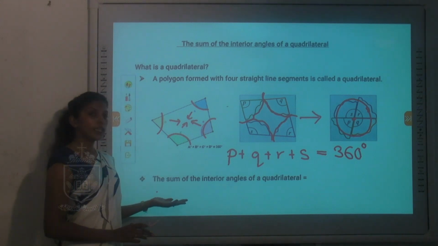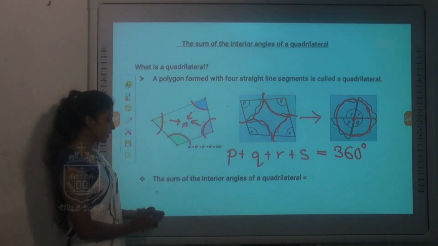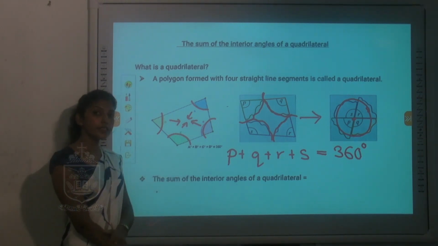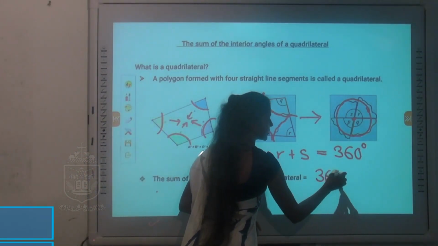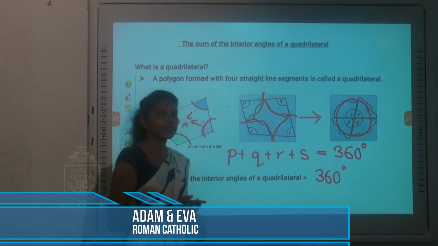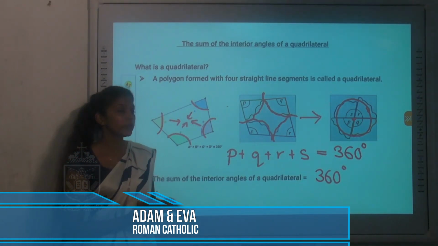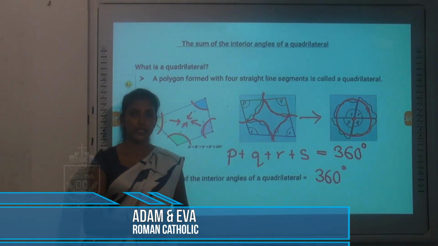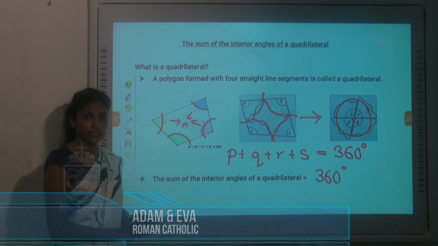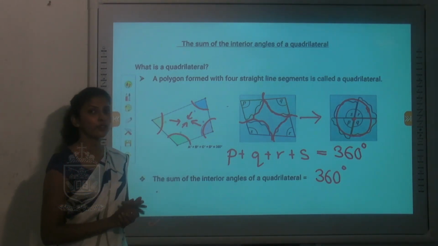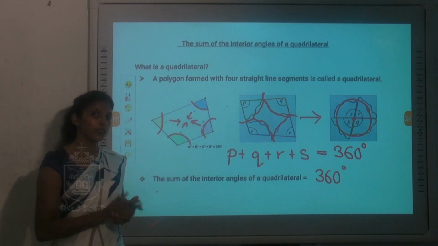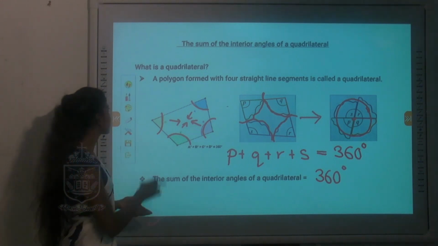So what we can conclude from this activity is the sum of the interior angles of a quadrilateral is 360 degrees. So like the previous topic, we are going to perform some calculations based on this theory that we learned now, finding some unknown angles of a quadrilateral. So let's move to do some calculations based on this.